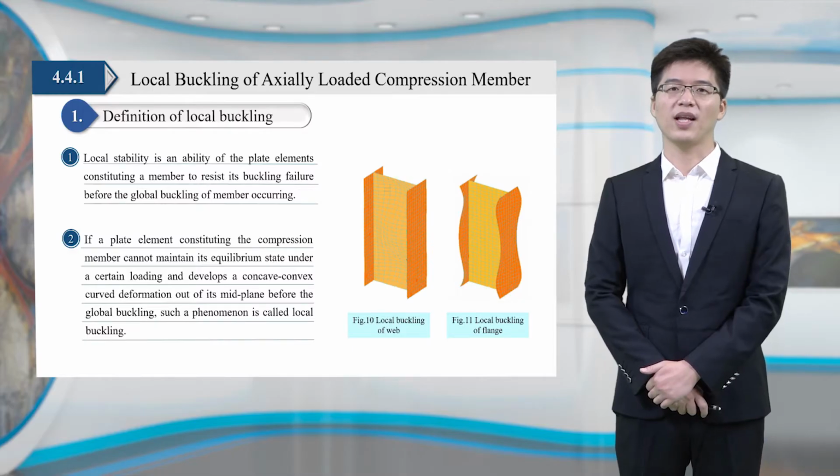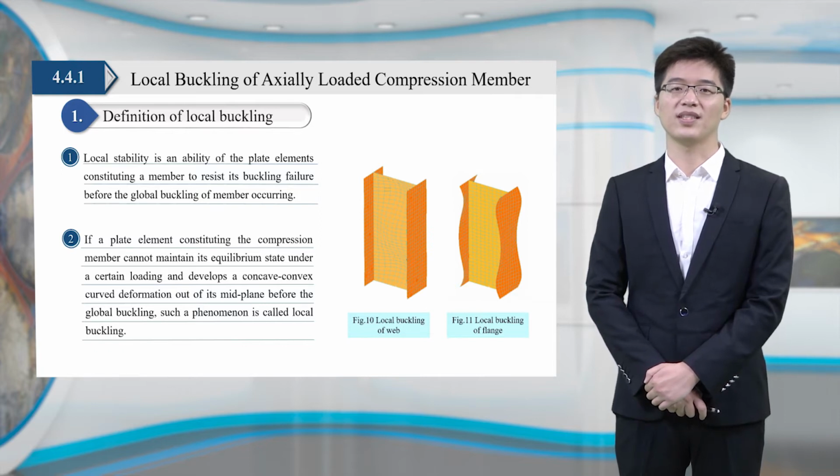If a compression plate, such as the flange or the web of the I-shaped column, can't maintain its equilibrium state under a certain loading and develops a concave-convex curved deformation out of its midplane before the occurrence of a global buckling, this phenomenon is called local buckling.